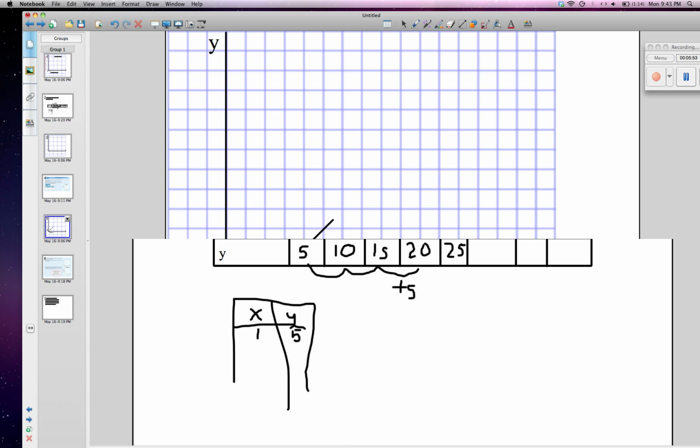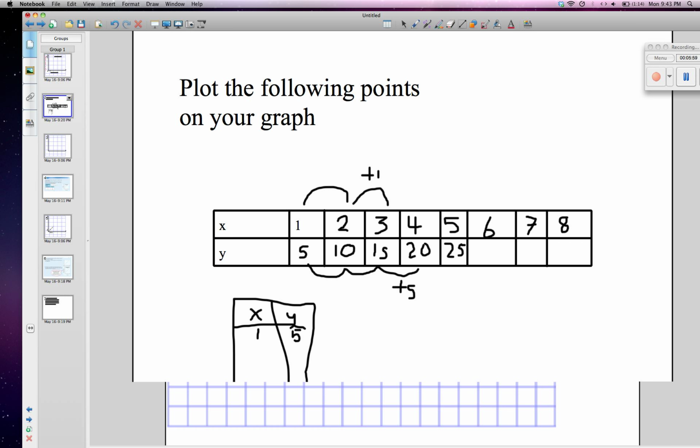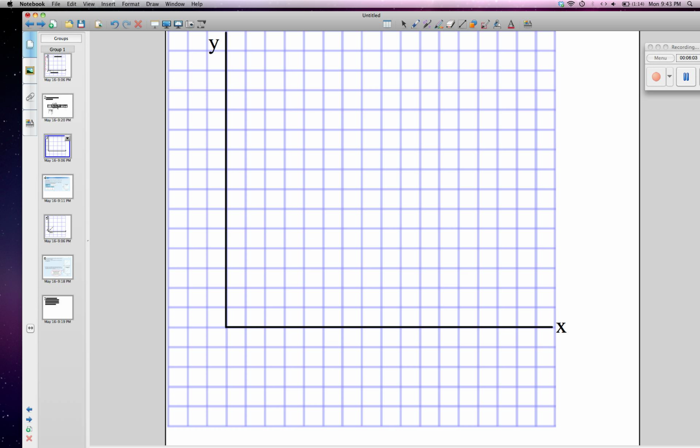Our first coordinate point was 1, 5, and then 2, 10, and then 3, 15, and 4, 20, and they would go all the way up. What you're looking for in this chapter is what's called a linear relationship. A linear relationship is something oh so simple as, can we draw a straight line through all of these and see a relationship happening?